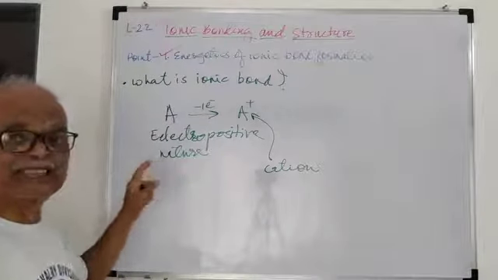The second atom, say it is B, is more electronegative.